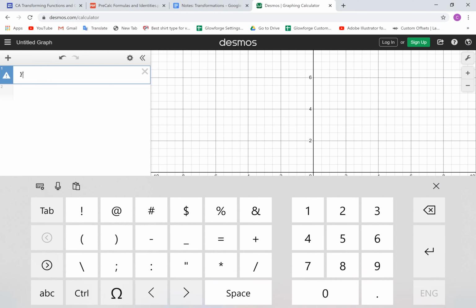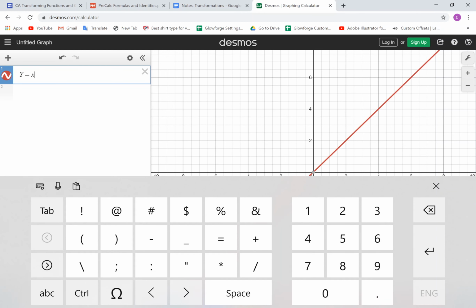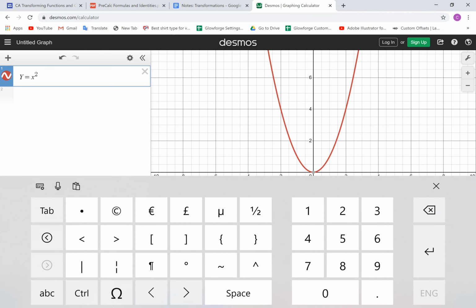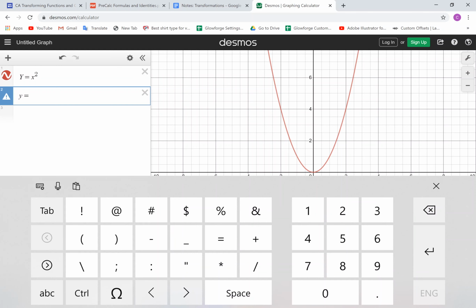Y is equal to x. Y is equal to x squared, and then let's show you y is equal to parentheses x minus one.